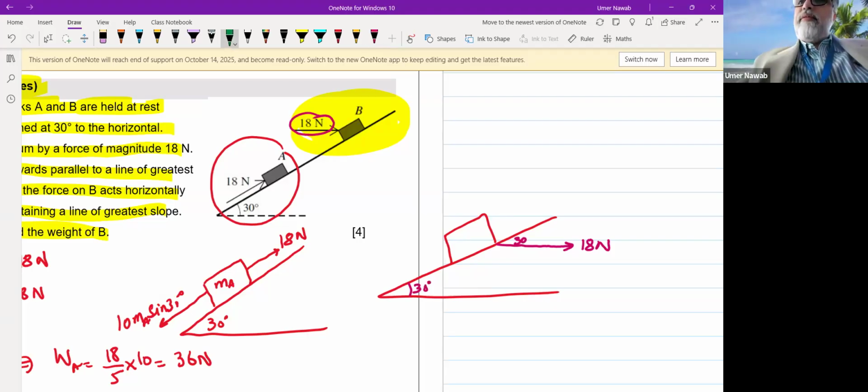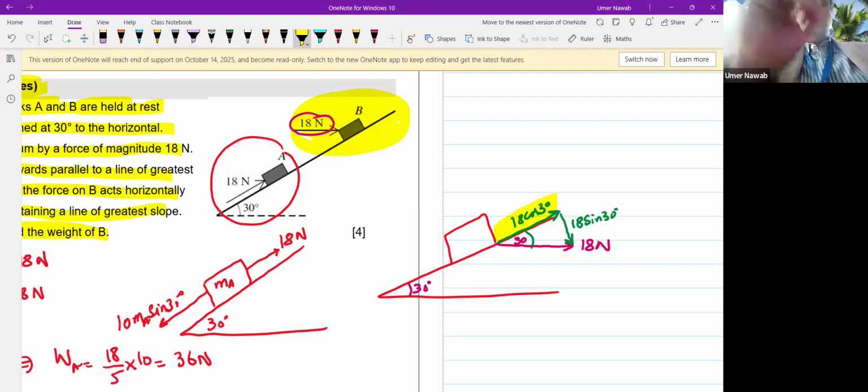Can I resolve it? For sure, I can resolve along the plane and perpendicular to the plane. So this should be 18 sine of 30, and this is 18 cosine of 30. So you are applying 18 cosine of 30 upward. And what is the weight component?